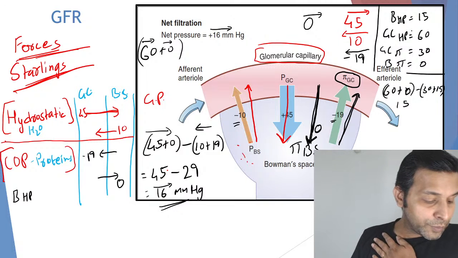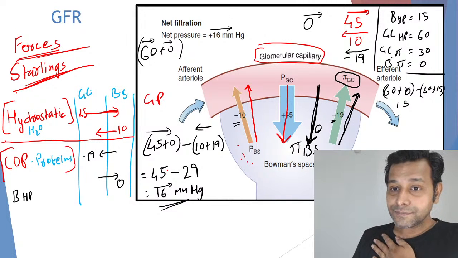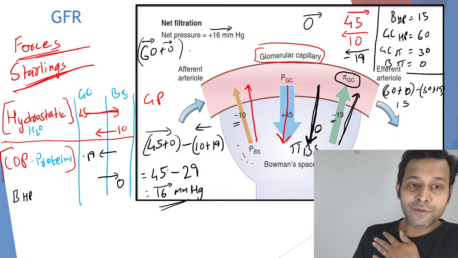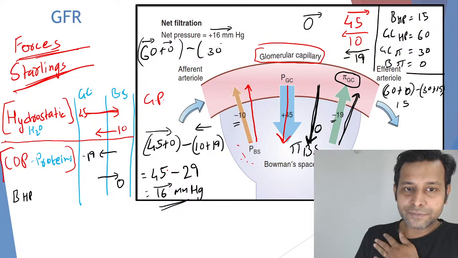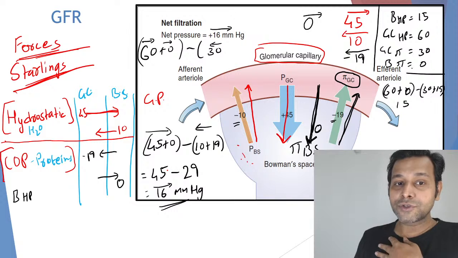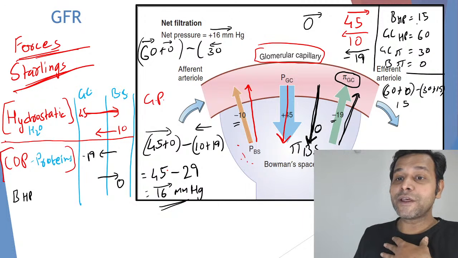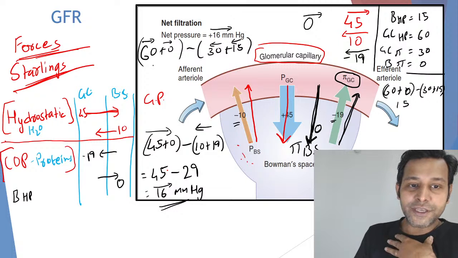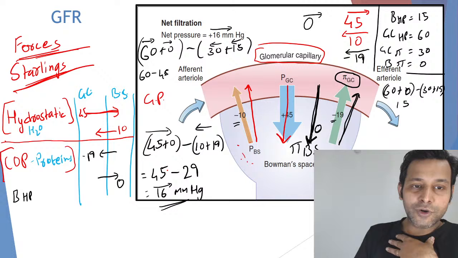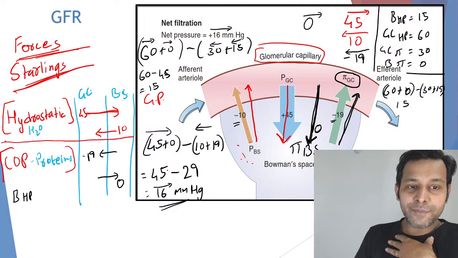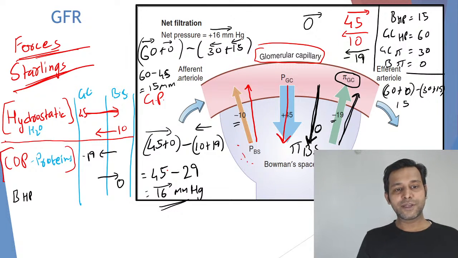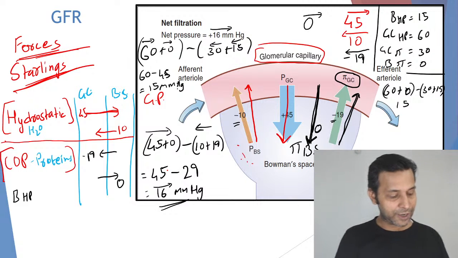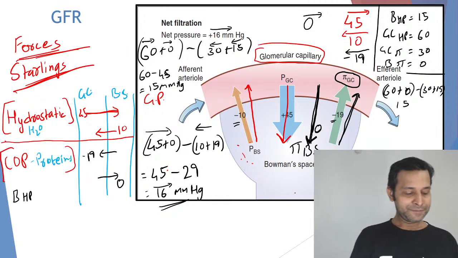We have glomerular capillary oncotic pressure, which is 30, which is in the opposite direction, and we also have Bowman's space hydrostatic pressure 15, which is in the opposite direction. So 60 minus 30 plus 15 is 45, and what we have is 15 mm of Hg. So the net filtration pressure is 15 mm of Hg. I hope you are getting this point, everybody.